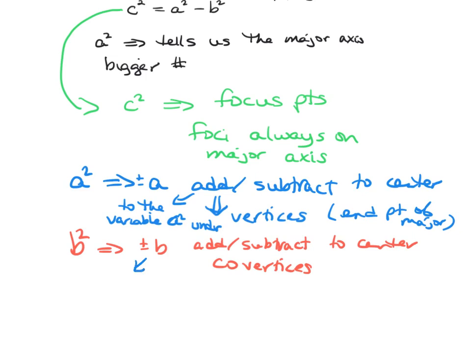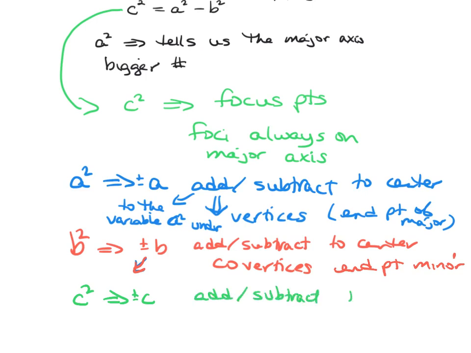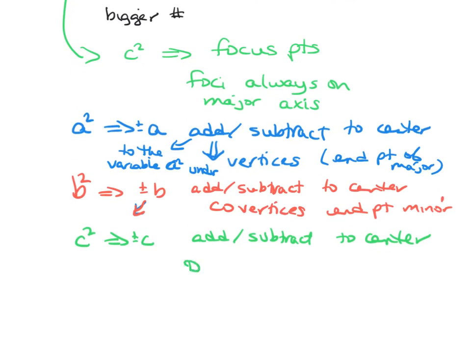You're going to add and subtract the b squared to the variable that it's under. And then this is the endpoints of the minor. And then for the focus points, we're going to use the c value. And again, you're going to add and subtract to the center. And again, this is going to be on the major. So the same variable that you added for your vertices, that's where you're going to add it.